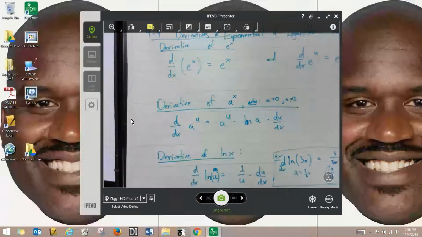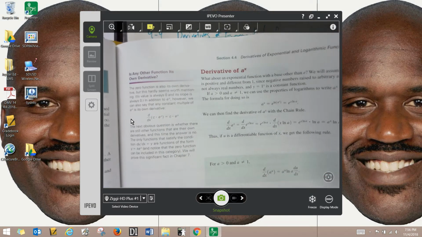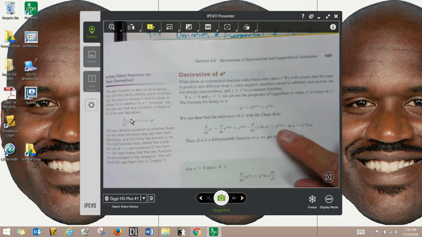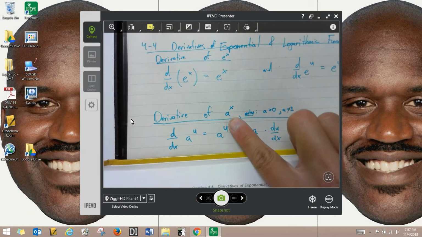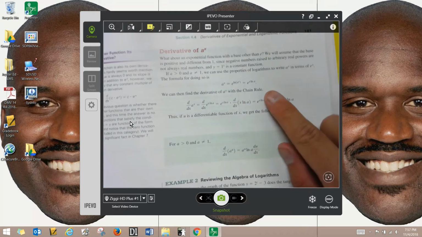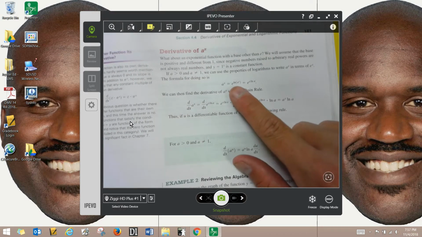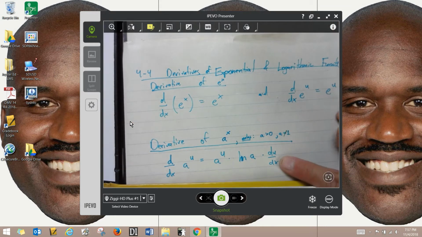So for example here, the derivative of a to the x, which is right here, this should be the mathematical proof, if you want to go back and actually reread why it is this. It's not just completely made up.